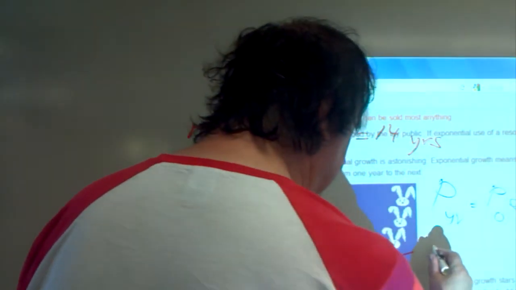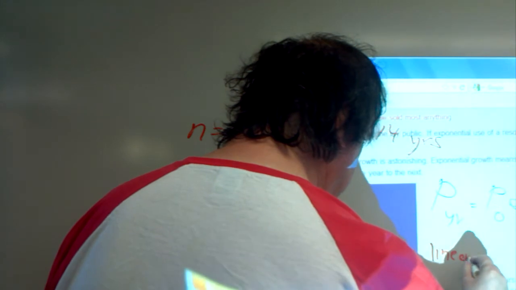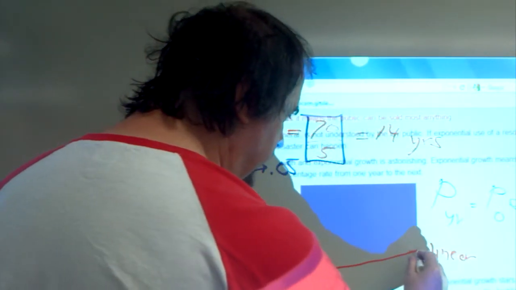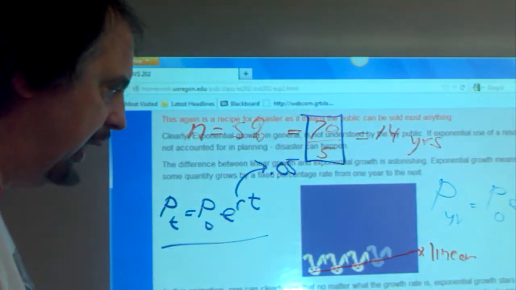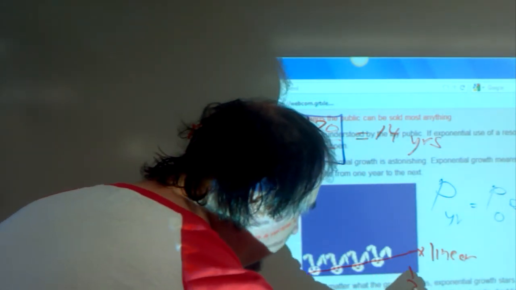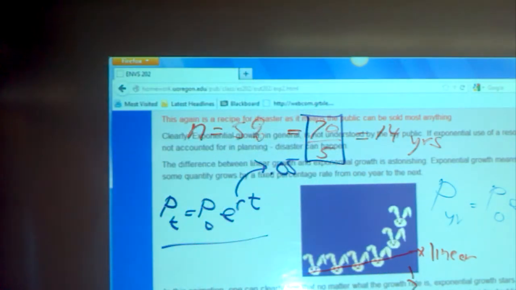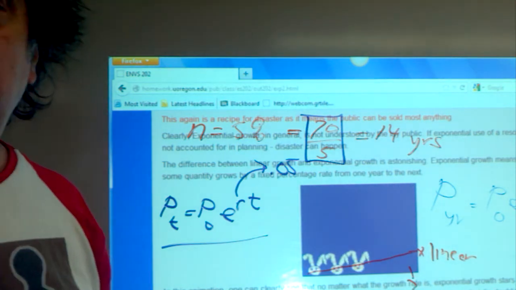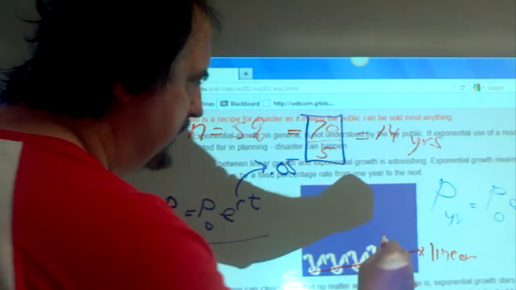You can assume that it's linear, which would lead to this as a prediction for the 7th generation of rabbits, or x equals 7 there. And clearly, if you're going to plan resource for rabbits based on linear extrapolation of the first few generations, you don't miss by a little, you miss by a huge amount.